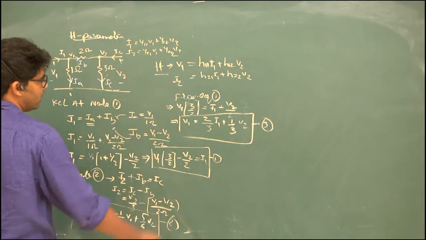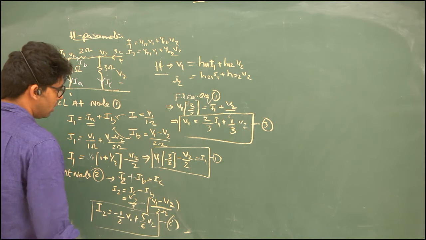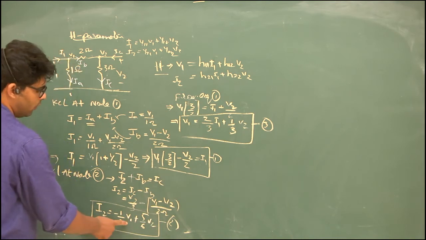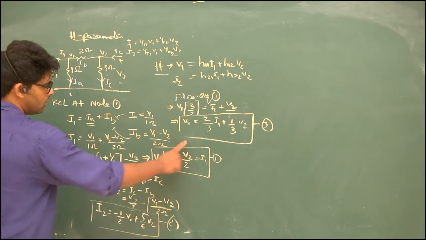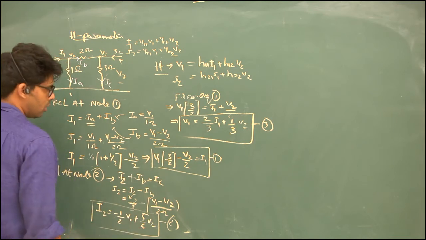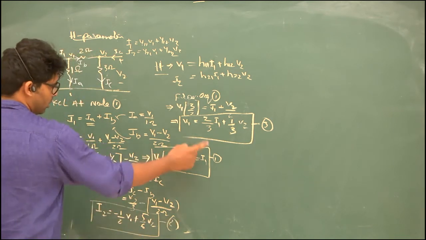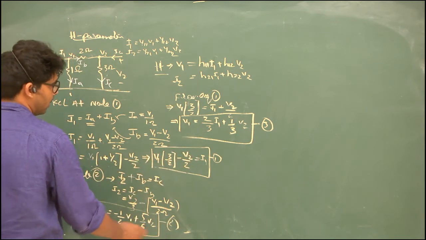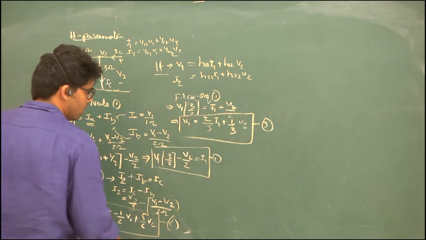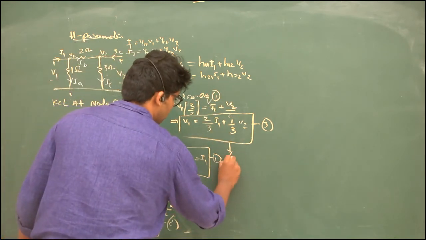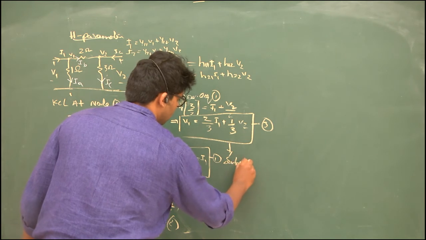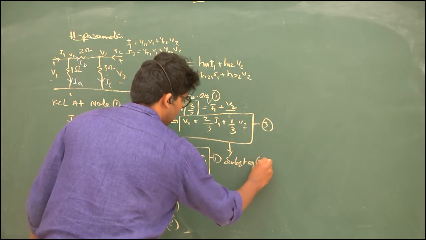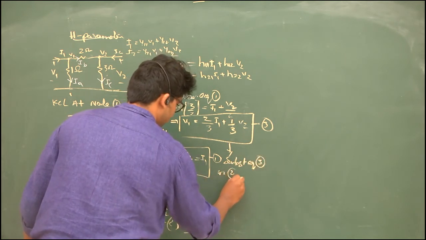Now we have to get the I2 equation. We already have I2 in the V1, V2 form. Substitute the V1 equation into equation 2, then the equation will become in terms of I1 and V2. So substitute equation 3 in 2.